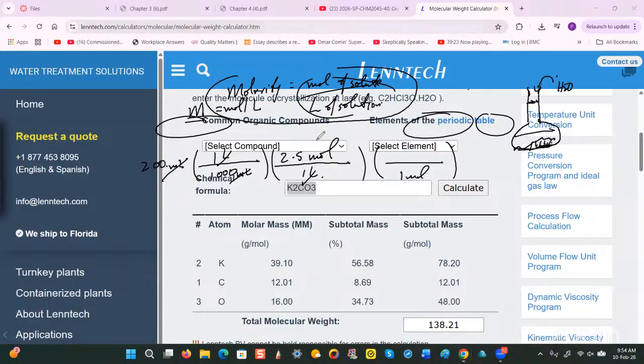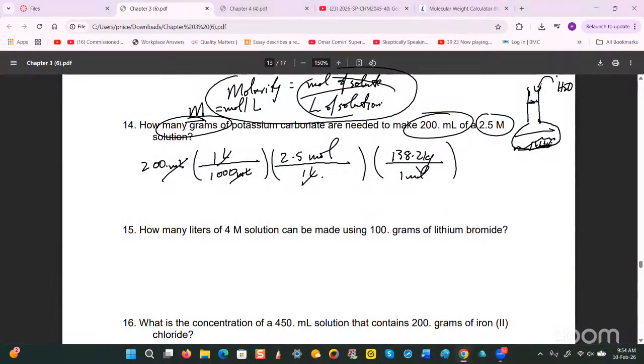So that goes here, 138.21 grams. All right, so that's how we set it up. The next step is to, of course, do the number crunching. So that's 200 divided by 1,000 times 2.5 times 138.1.